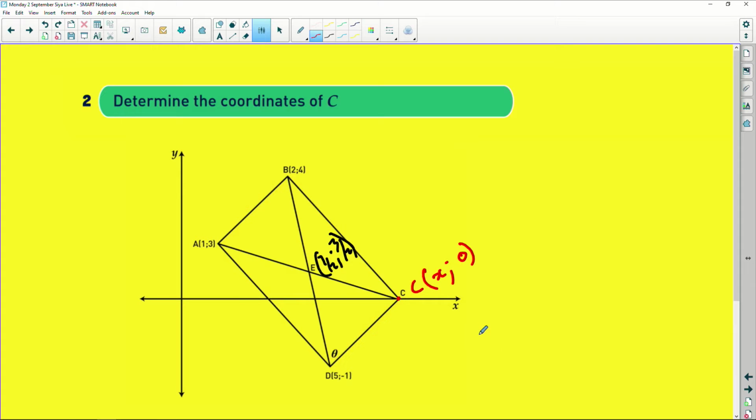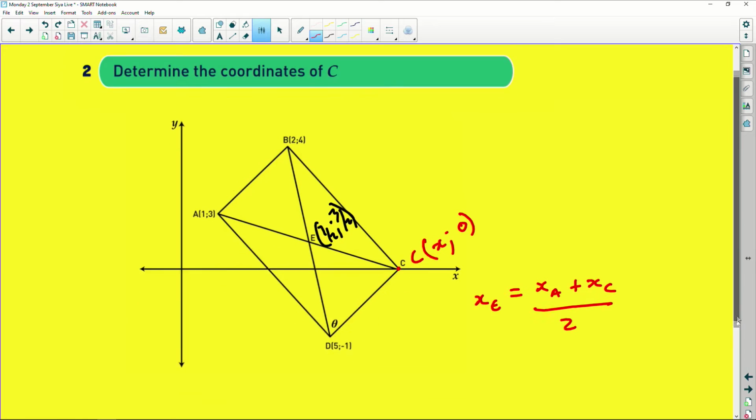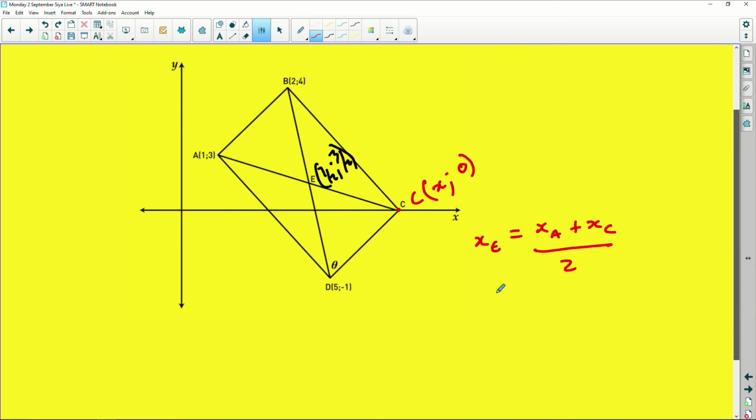To find the x value, I say x of E is equal to x of A plus x of C, divided by 2, because that's how I find the x value of the midpoint E. Then x of E is 7 over 2, which is divided by 1, by the way, and equals x of A, which is 1, plus the x that I do not know, divided by 2.